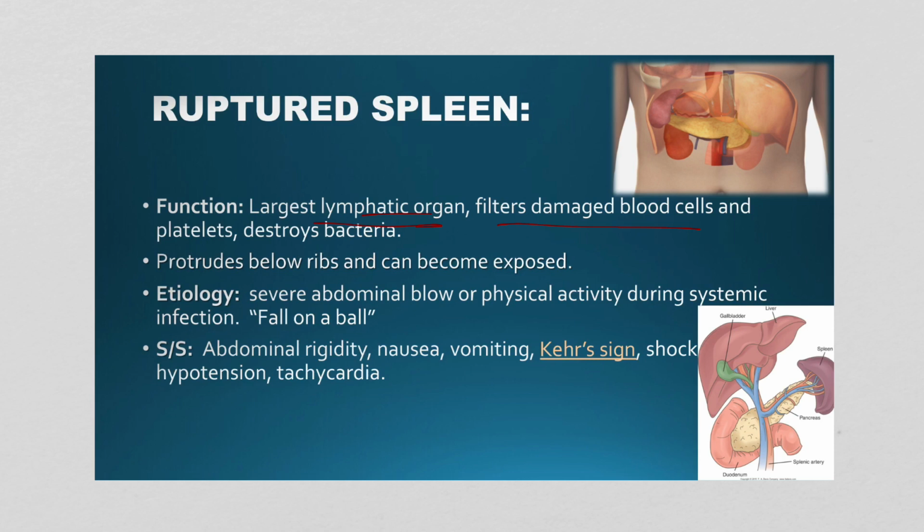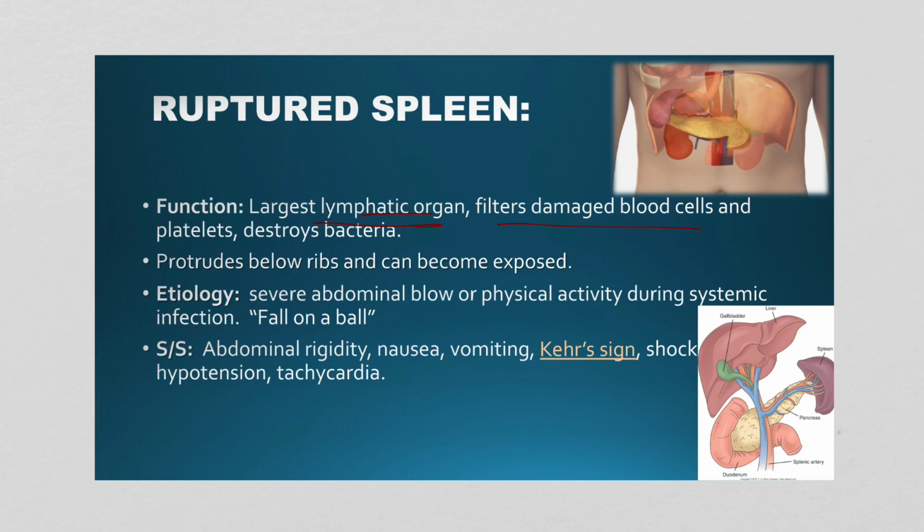Hopefully that makes a little bit of sense. So we can see that the spleen plays a major role, not just in filtering damaged blood cells, but also in controlling the levels of the integral blood cells within the body. And so when there's injury, bleeding or bruising, a lot of times we see compromise to the ability of the spleen to do what it's supposed to do.